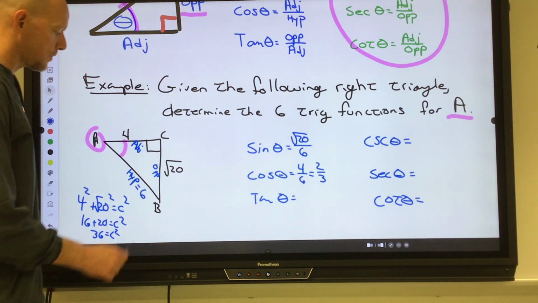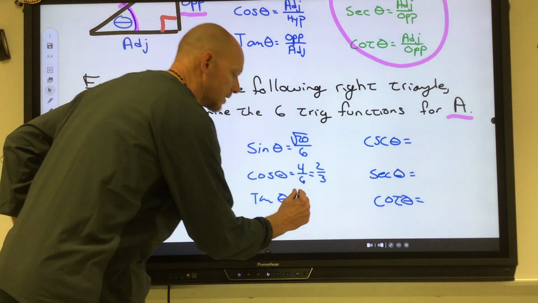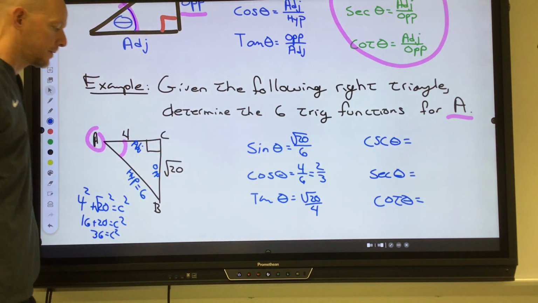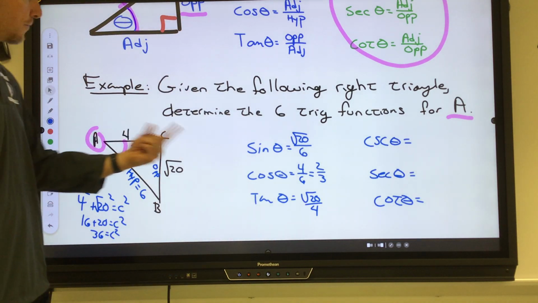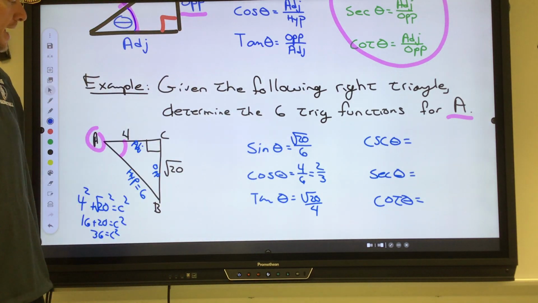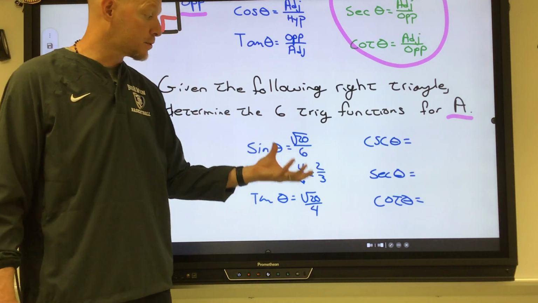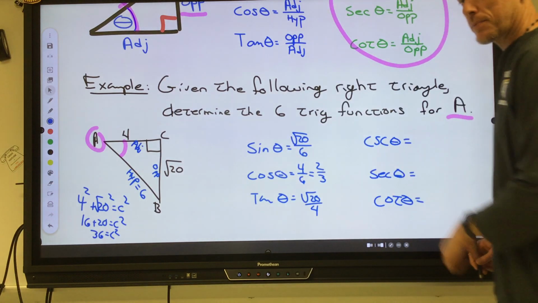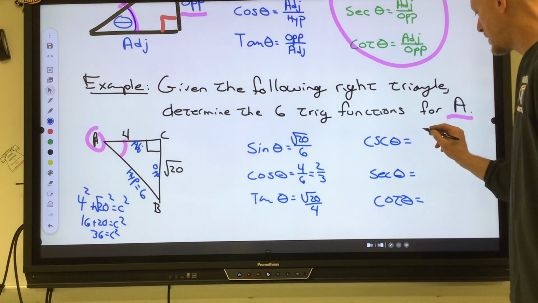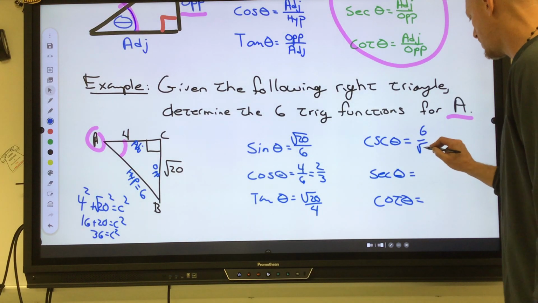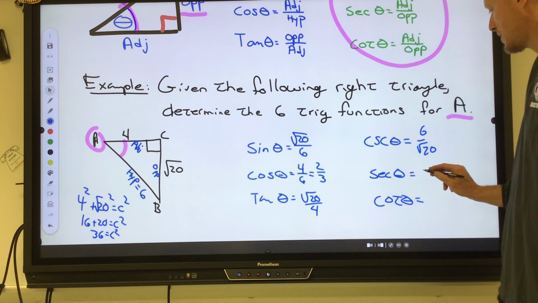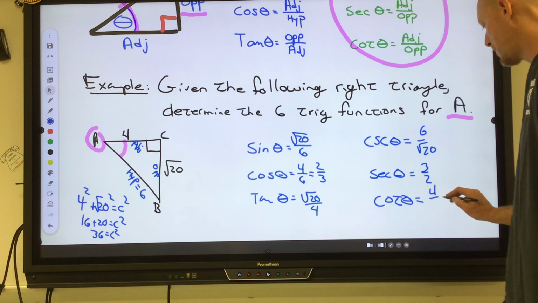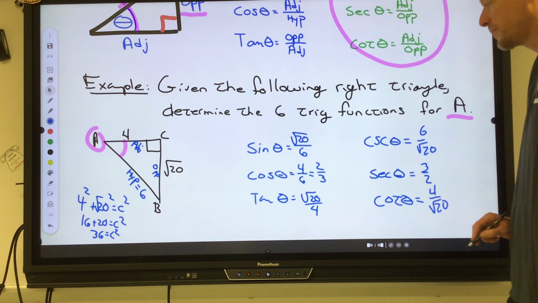Then tangent is opposite over adjacent, square root of 20 over 4. Now I can write my reciprocal trig functions by simply taking the reciprocal. Cosecant is 6 over the square root of 20. Secant is 3/2. And cotangent is 4 over the square root of 20.